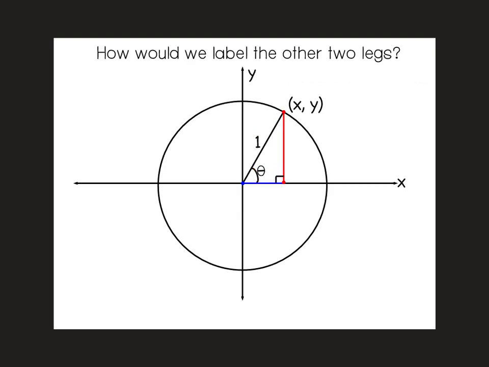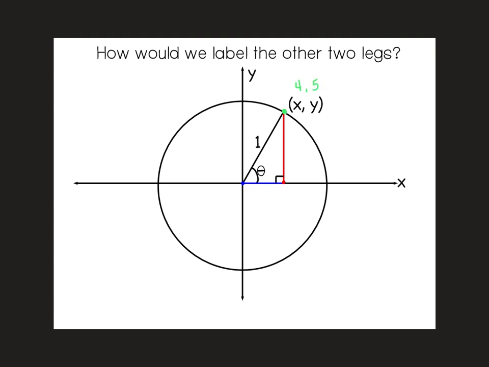Then I want to label the other two sides. I have drawn those in red and blue. I'm going to start with the blue side. If this point right up here is (x, y), I just put xy because those could be any numbers. Like let's say it's (4, 5).